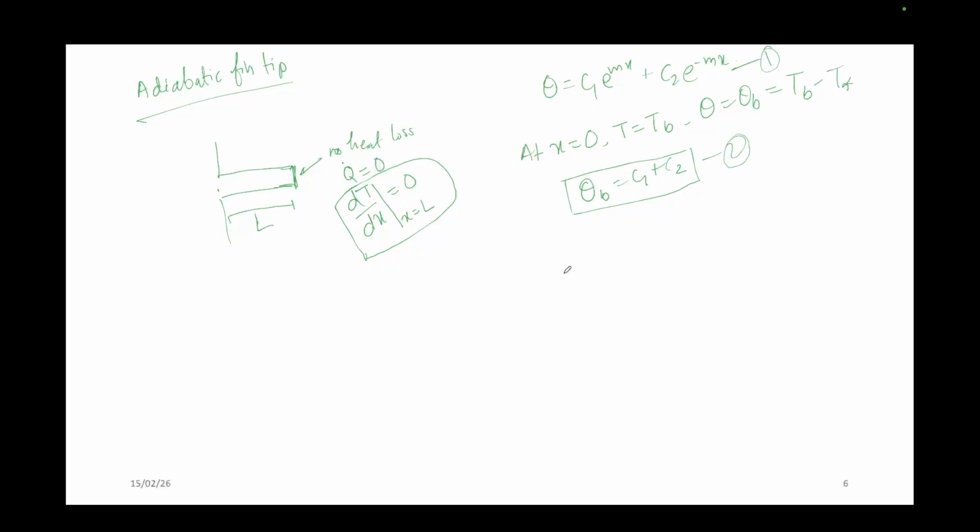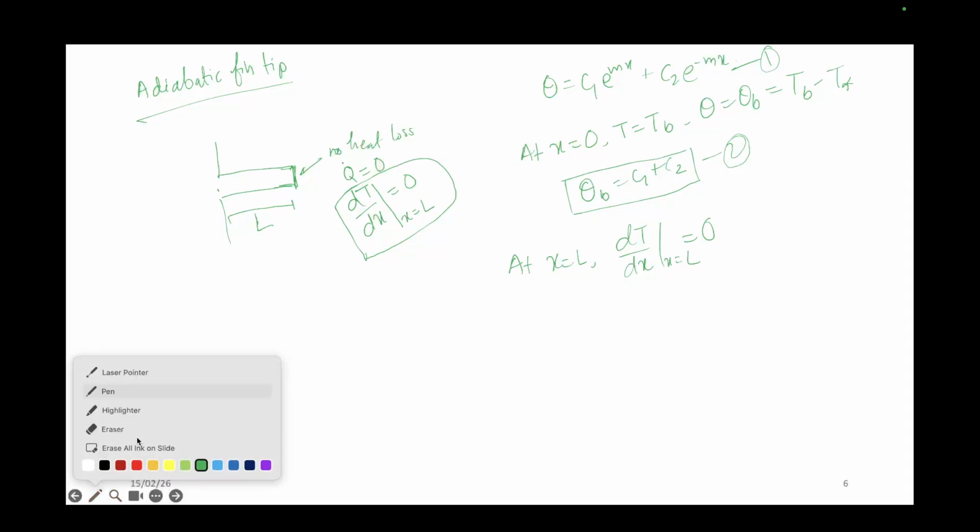Please remember, this is your equation 2. Now the boundary condition in case of an adiabatic fin at x equal to L is dT/dx at x equal to L is 0. So now how will you solve this? Can anyone?